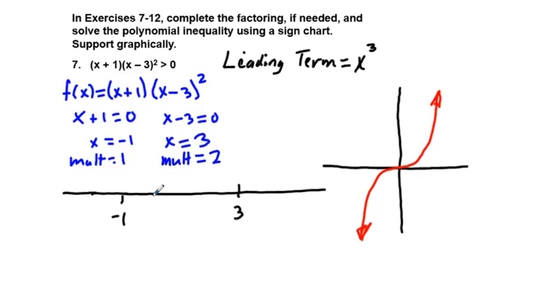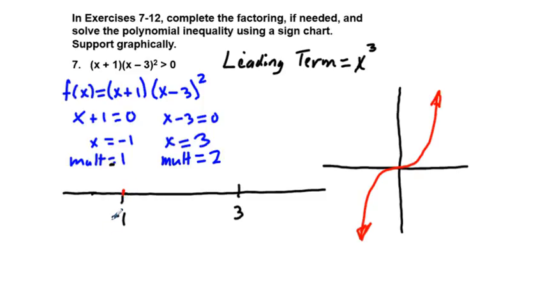And basically, with this function here on the left, we're coming down from below, and we have a multiplicity of 1, meaning at x equals negative 1, we're going to have a change.